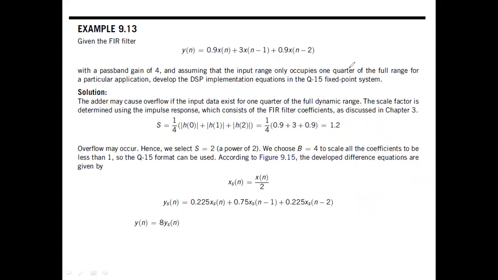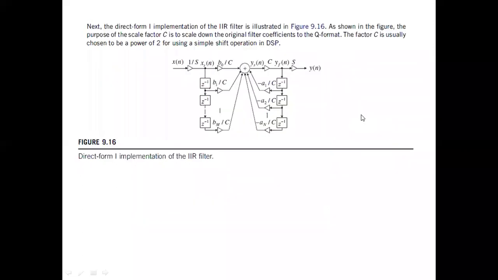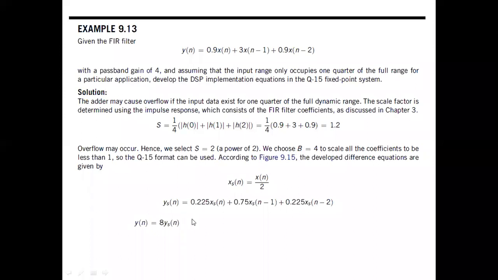What about the scaling factor for the coefficients? The scaling factor is chosen such that the coefficients, like 0.9 and so on, can be represented using Q15 notation. Wait a second, 3? No, 3 cannot be represented using Q15 notation.